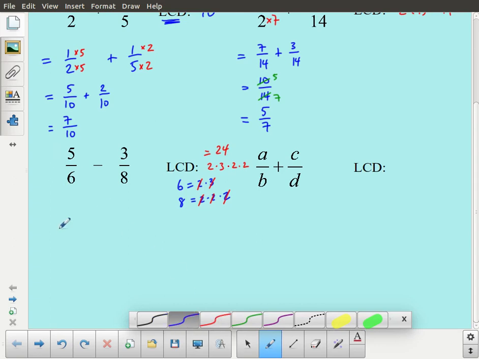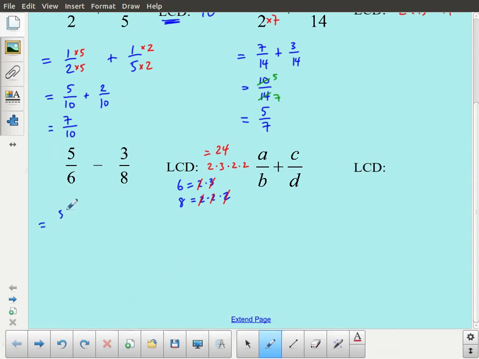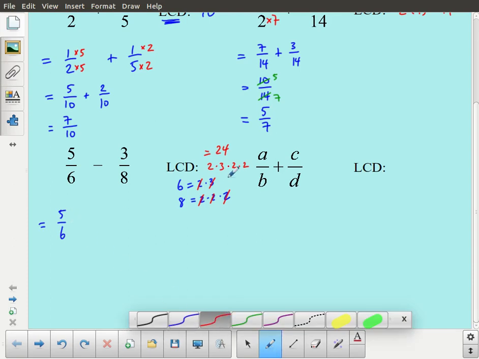So rewriting 5 over 6, what do I have to do to 5 over 6 to turn it into something over 24?